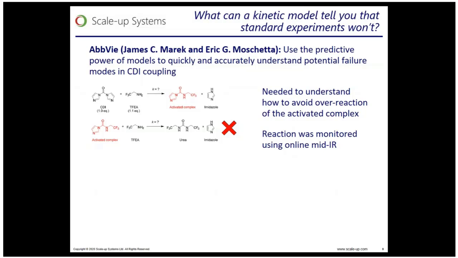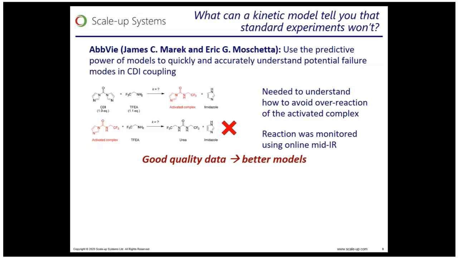And in this case, because there were products that were quite difficult to see and quantify by techniques like HPLC, the reaction was actually monitored by online mid-IR. It was also quite a fast piece of chemistry, so mid-IR in situ monitoring was more effective and easier to institute than offline sampling.